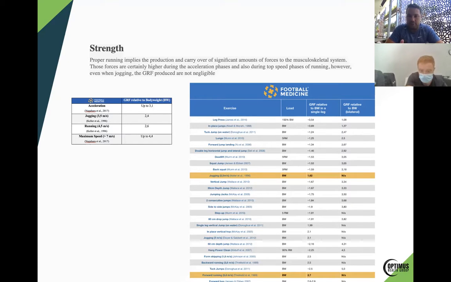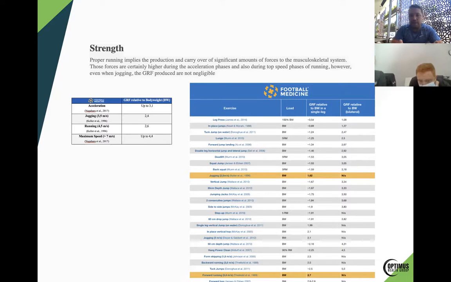If you then work backwards from there and you look at tuck jumps, right? When you do a tuck jump, the ground reaction force relative to body weight, because it's a bilateral exercise, you're actually looking at 5 times your body weight. Now, in an ideal world, you're putting 50-50 through your left and your right.